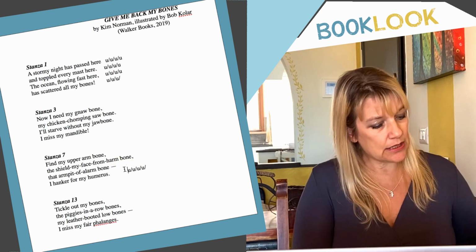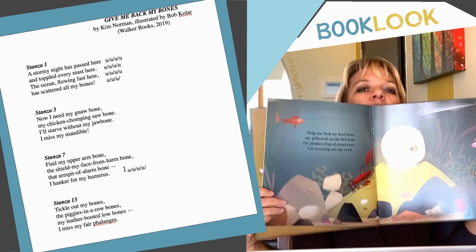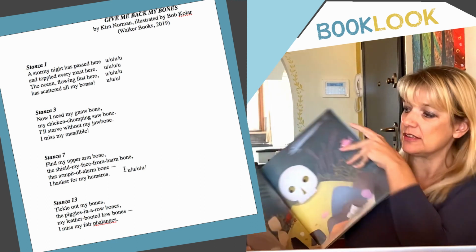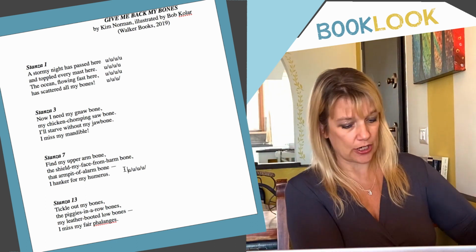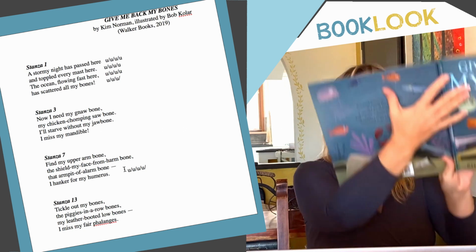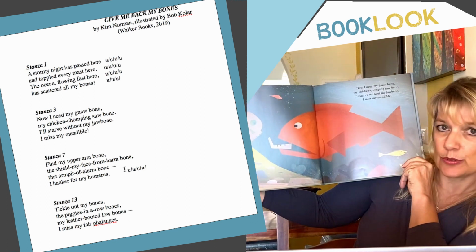However, in this book, every single stanza has its own spread, which is fabulous in the first place. I mean, the art is wonderful. So here's the gnawbone, jawbone illustration, and it's got its own spread.